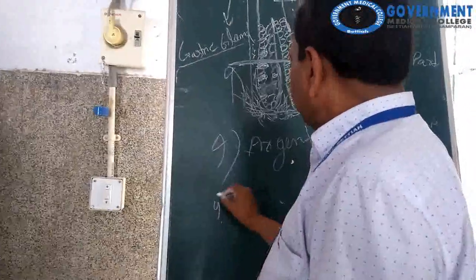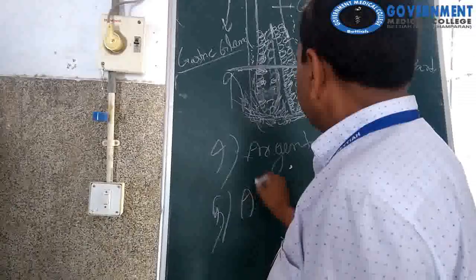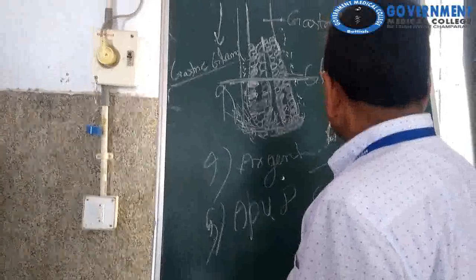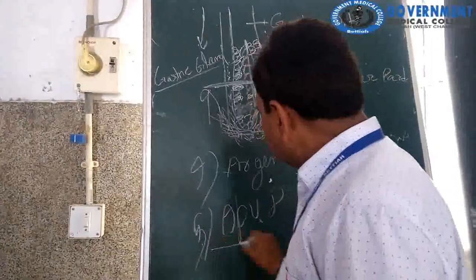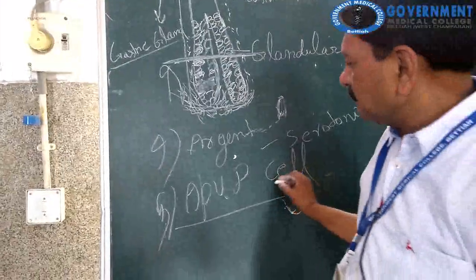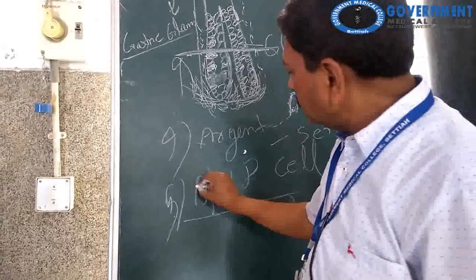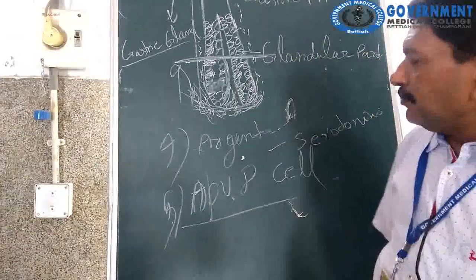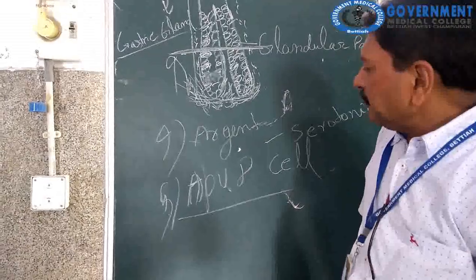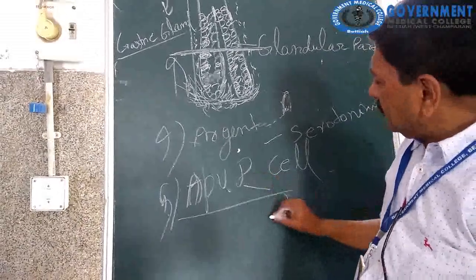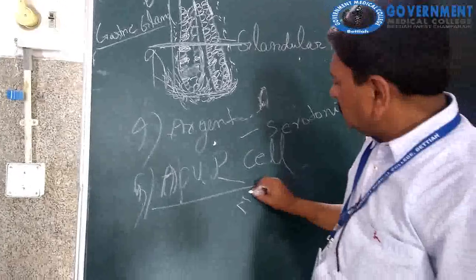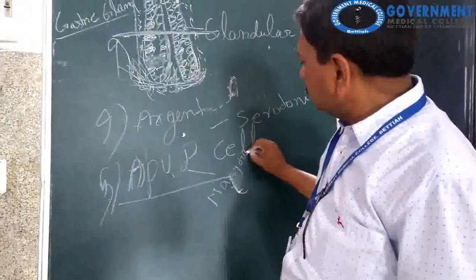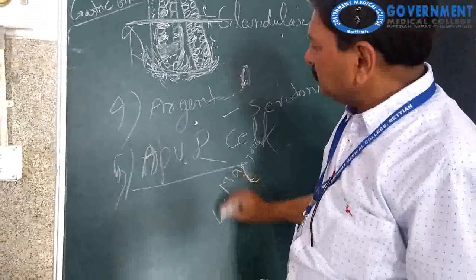Now, fifth is APUD cells. APUD cells secrete many types of neurohormones and local hormones.